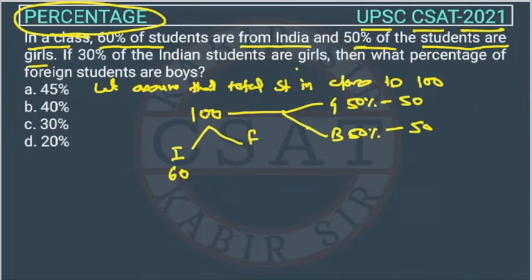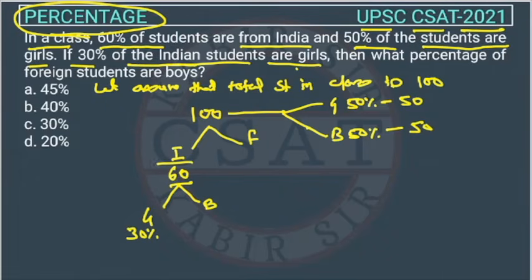Now what is given? 30% of the Indian students are girls, right? So how many Indian students are there? 60. Out of this there are girls and boys. So how many girls? 30% of the Indian students.